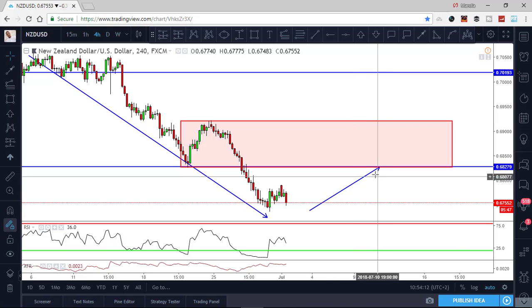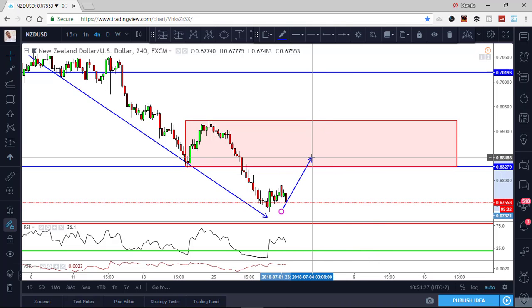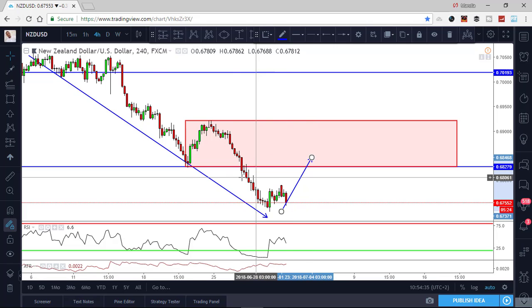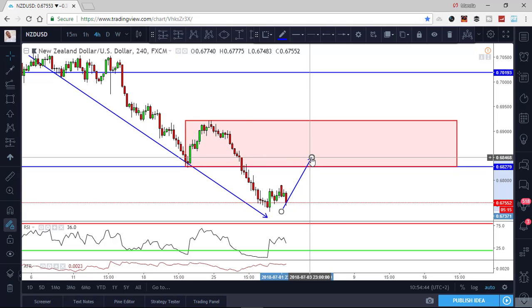Okay, so if price does eventually pull back to this level of structure, then any type of entry technique that I'm going to use will still be valid, as price came to our previous levels of support, and I'll be taking a short opportunity right here, okay.